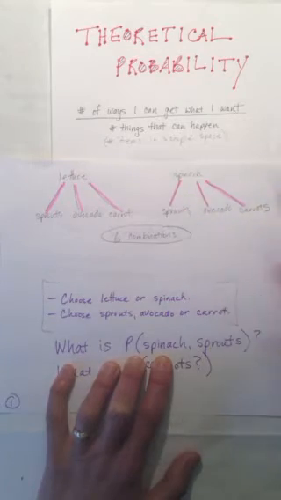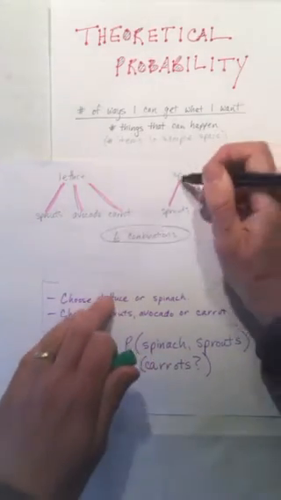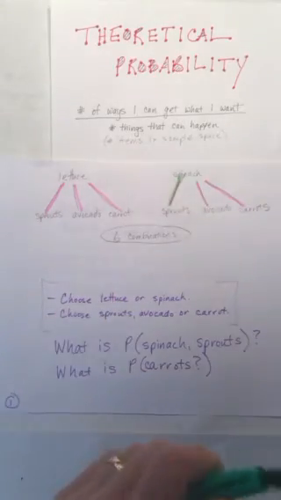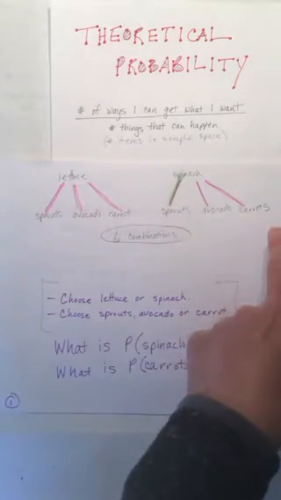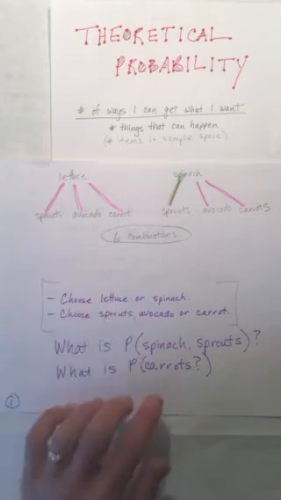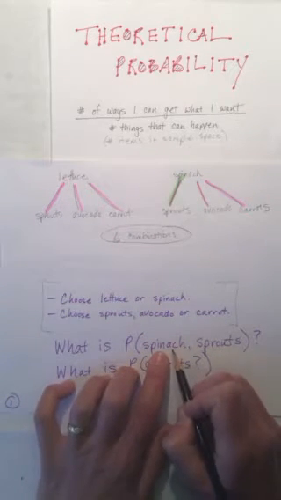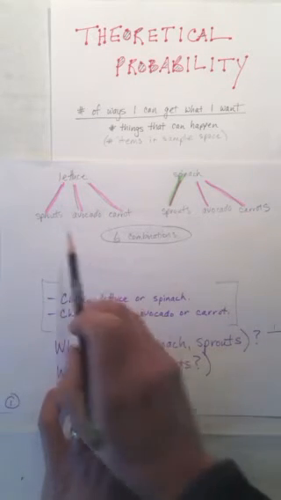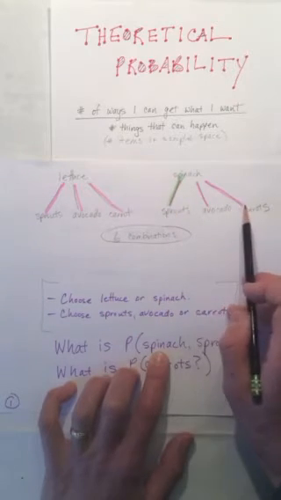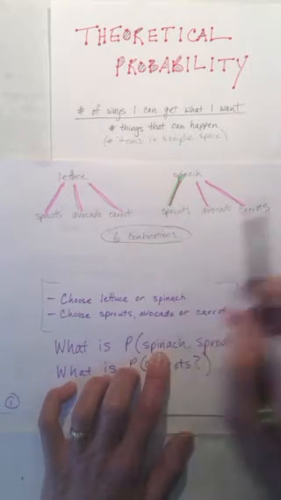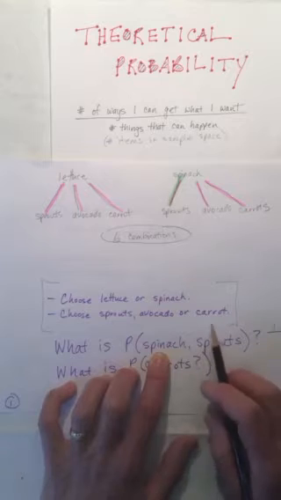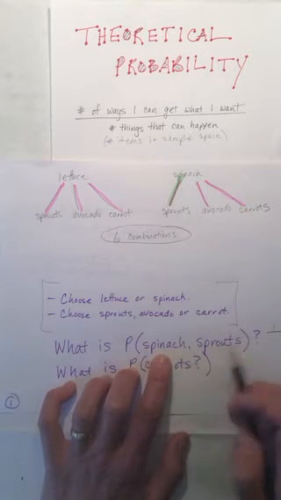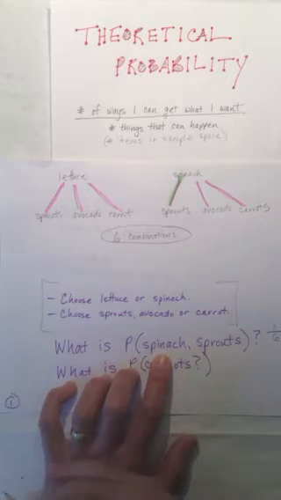Spinach and sprouts, there's one. Spinach, avocado, spinach, carrots. So there's only one way we can get what we want for spinach and sprouts. So the numerator is 1. And since there are 6 combinations, the theoretical probability that you get the sandwich that has the spinach and the sprouts is 1 out of 6. One way I could get what I wanted, 6 items in the sample space.